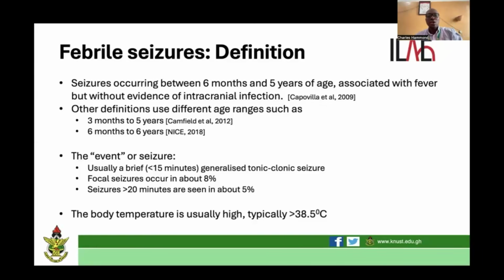So the event or the seizure is usually a brief generalized tonic-clonic seizure, but it may be focal. And when I say brief, I'm talking about less than 15 minutes. It may be focal in up to about 8% of patients, and about 5% of patients may have prolonged seizures lasting longer than 20 minutes.